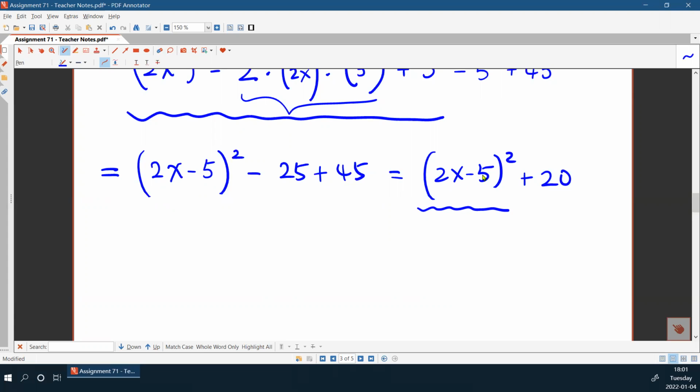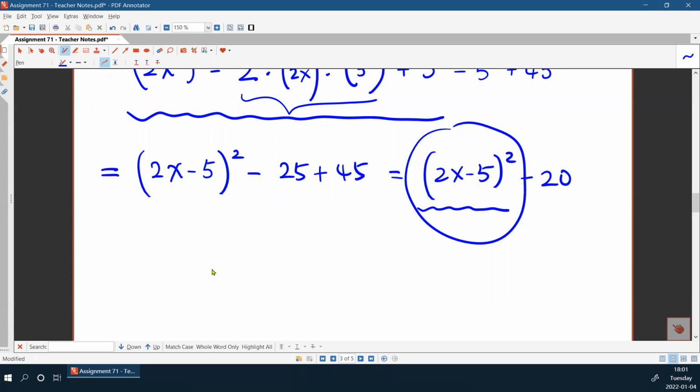It is a real number squared, right? So what is the smallest? The first part. Can it be 0? You think it's 25, but can it be 0? It can be 0.